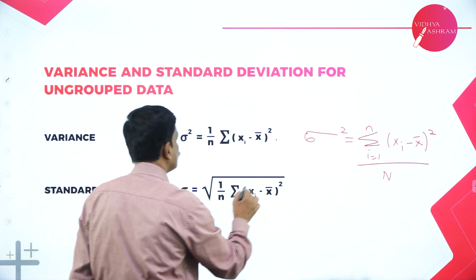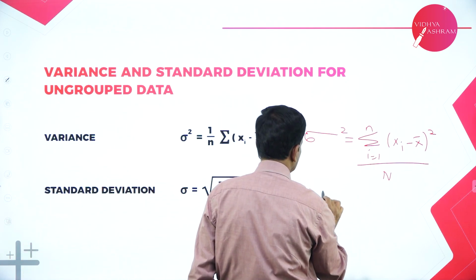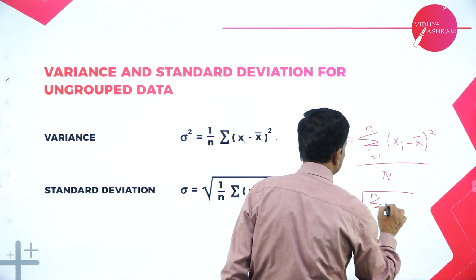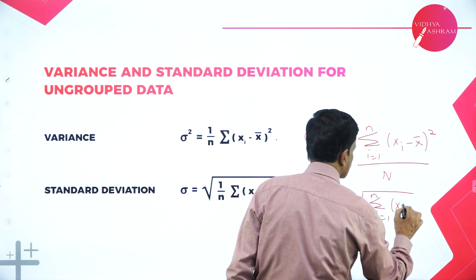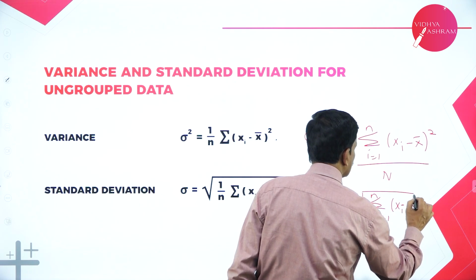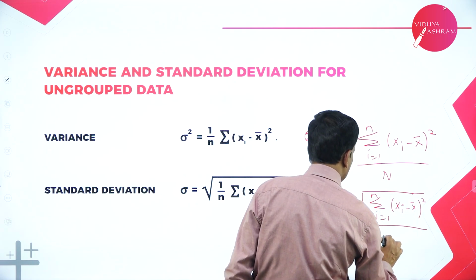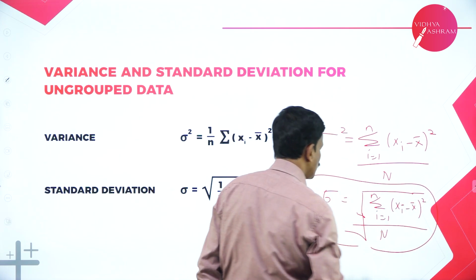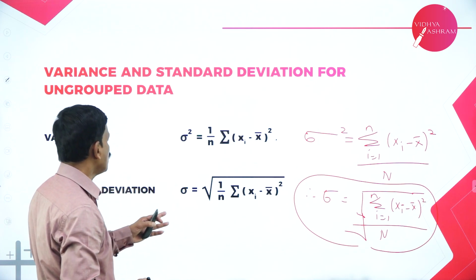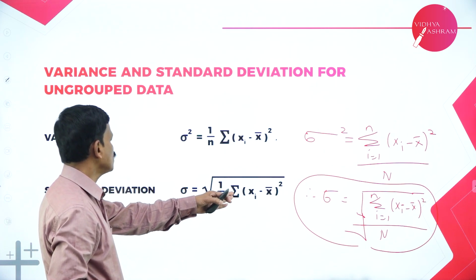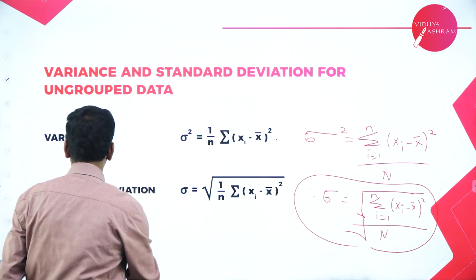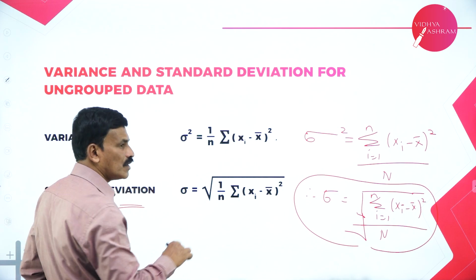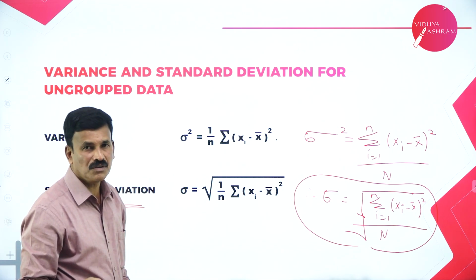So therefore rho is equal to the square root of sigma i is equal to 1 to n xi minus x bar whole square divided by n. So the square root of 1 over n into sigma xi minus x bar whole square will give the standard deviation. So variance is equal to rho square, and the square root of rho square will give the standard deviation.